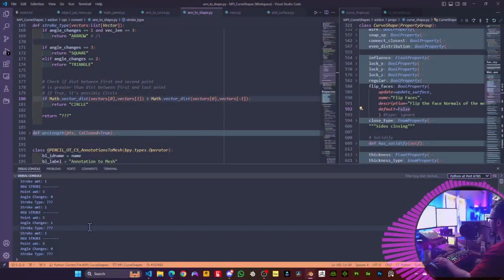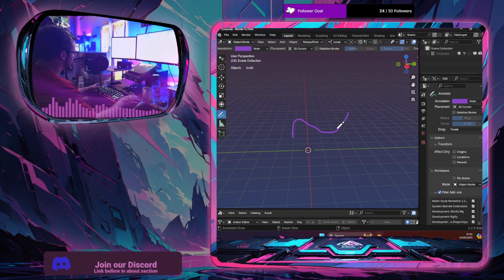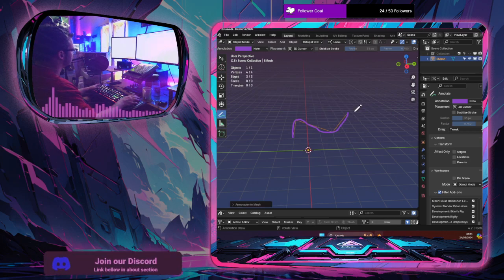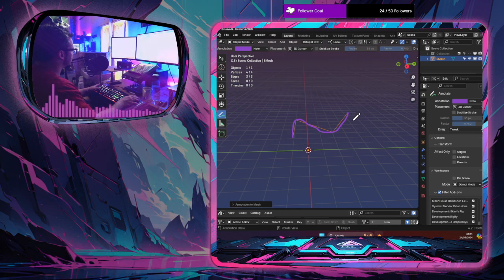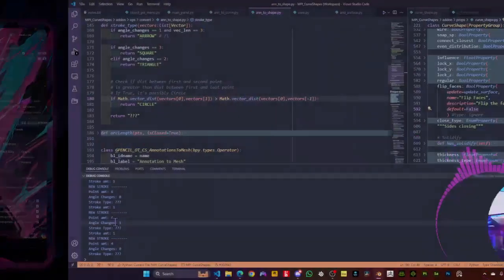Question mark. Now I can't reproduce what I did initially. I thought this would give me a triangle. It's not giving me a triangle now. No, just question mark.